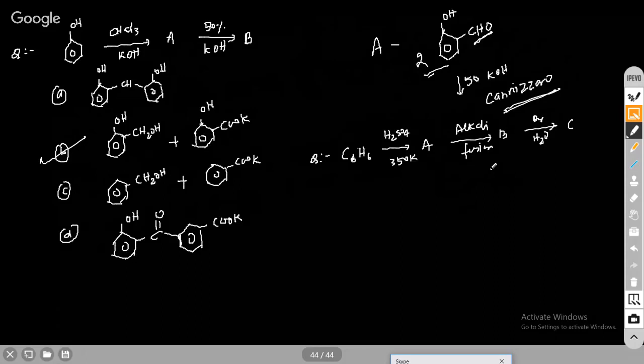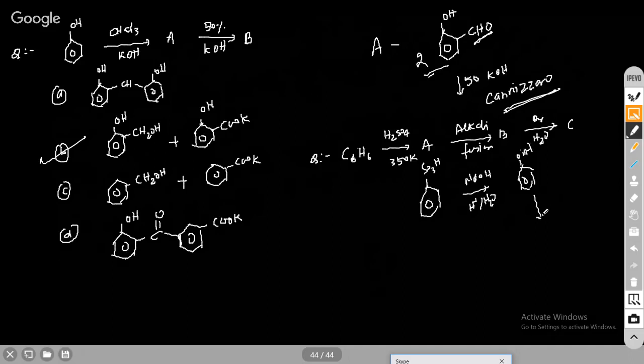Done. First of all, first product what we get? Benzene sulfonic acid. A will be what? Benzene when it reacts with concentrated H2SO4 will get SO3H here, benzene sulfonic acid. And when it reacts with alkali solution, NaOH, fusion takes place, then with H plus and H2O, the sulfonic group goes out and we get phenol as the product.